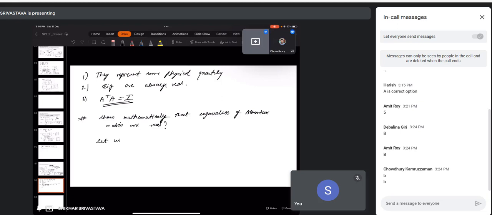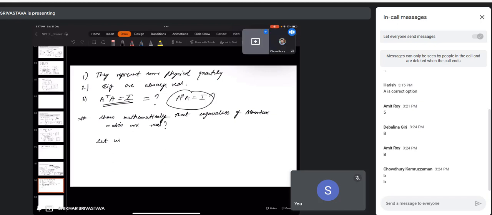The third property that you wrote, I lost my connection, so I was asking whether you have written this for a Hermitian operator. Let me clarify.